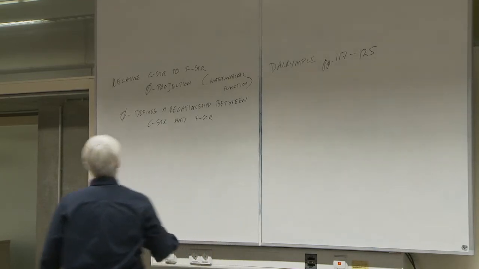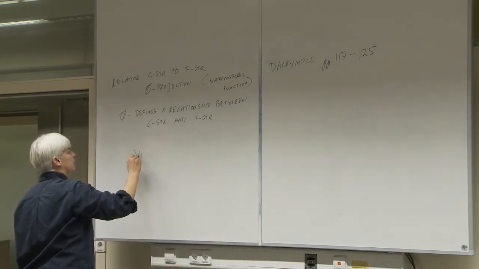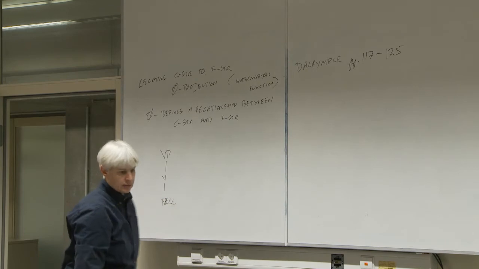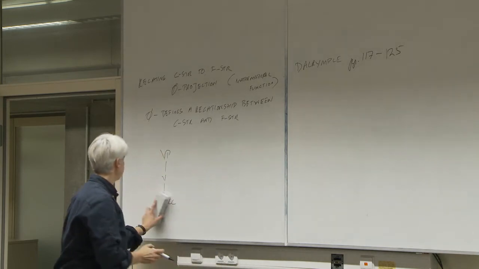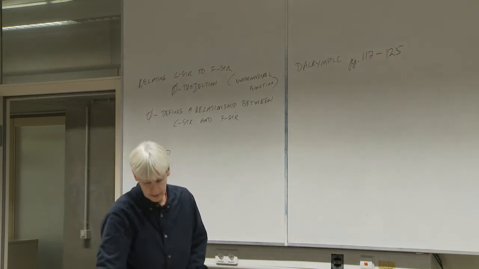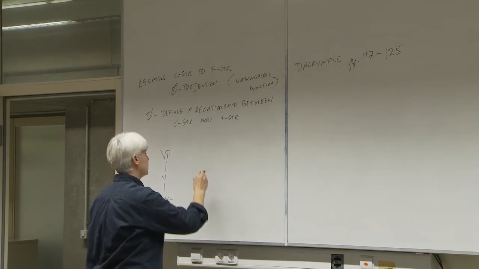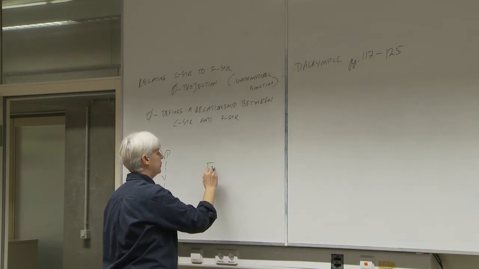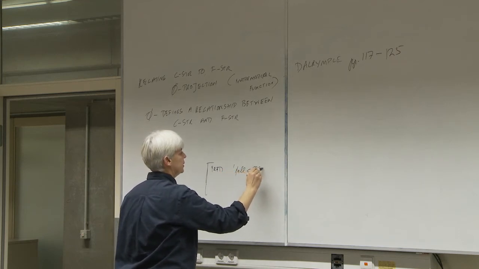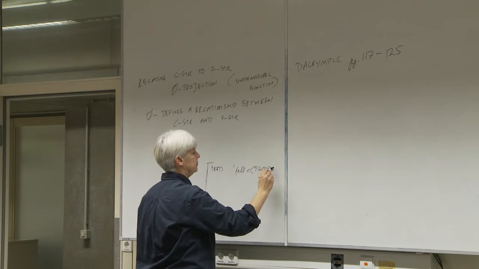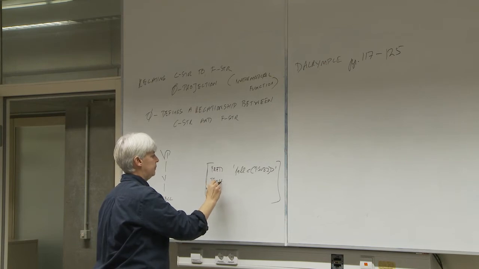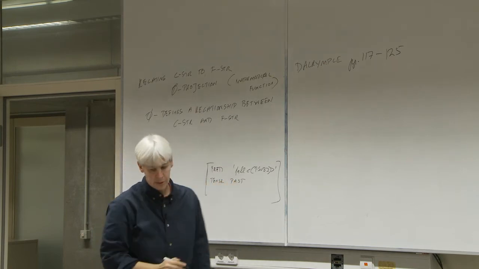Conceptually, this is your C structure, and this is just one verb in it, just a piece of C structure. And this is a piece of F structure: pred fall, subject, and tense past.